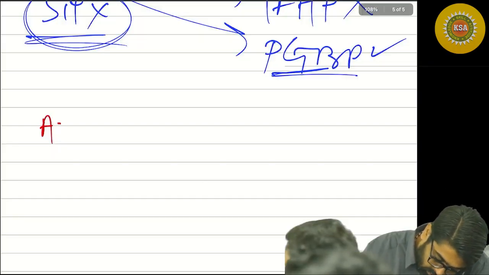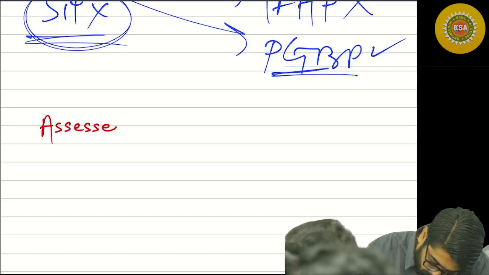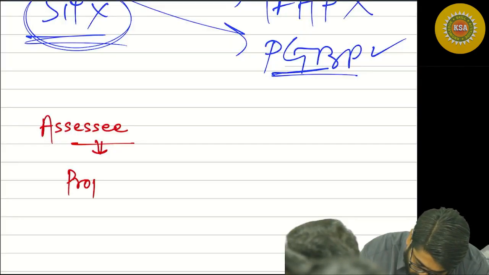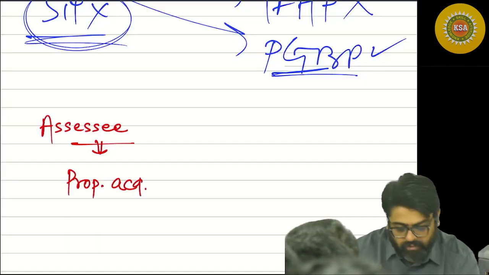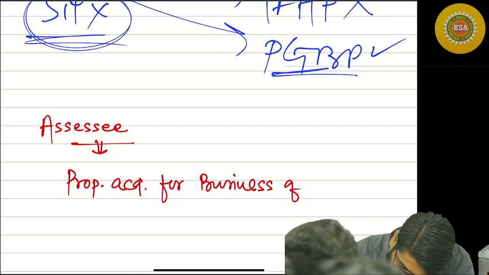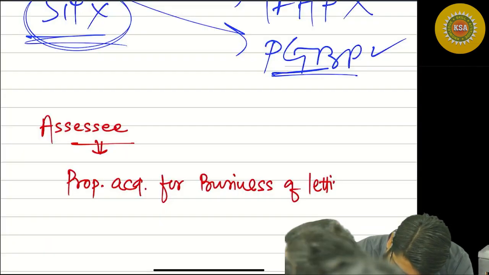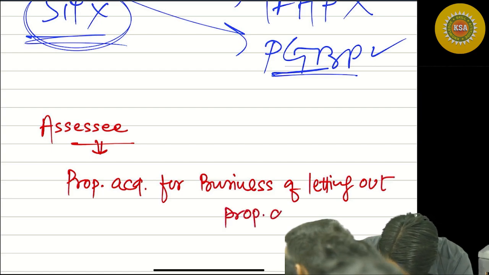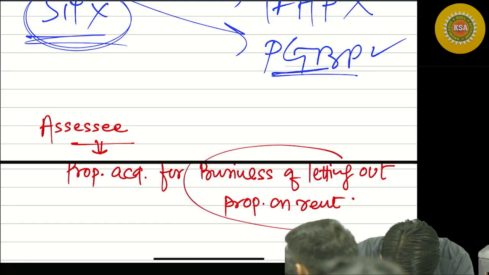If there is one assessee, what is this assessee having? This assessee is having property which he has acquired for the business of letting out properties on rent. My business is not manufacturing the fans.